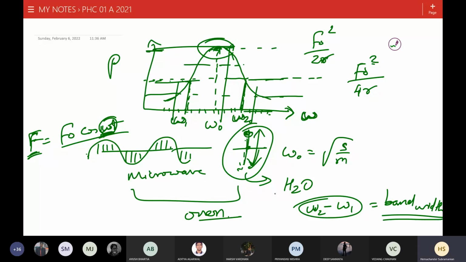Does it make sense? So large Q factor should be related to small bandwidth. If you want a microwave to work well, you want the bandwidth to be small.